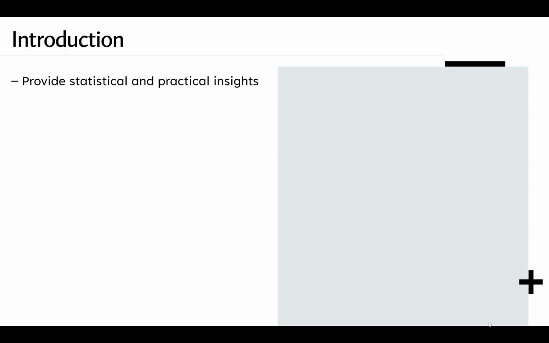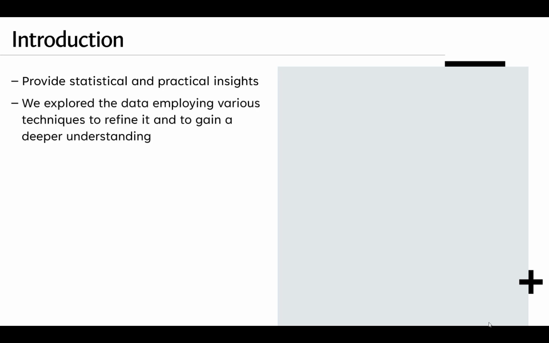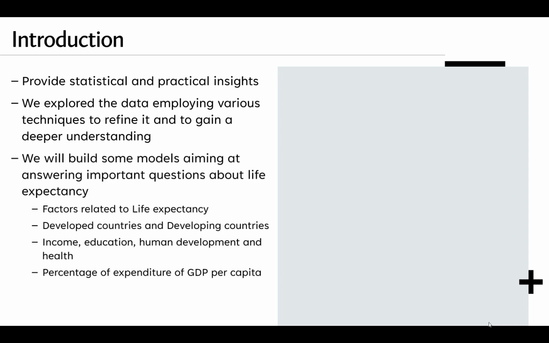One of the main goals of this project is to provide statistical and practical insights to different entities about many aspects related to life expectancy in different countries. We will explore the data, employing many techniques to refine it and to gain a deeper understanding. Finally, we will build some models in order to understand the relationship between the predictors and life expectancy.